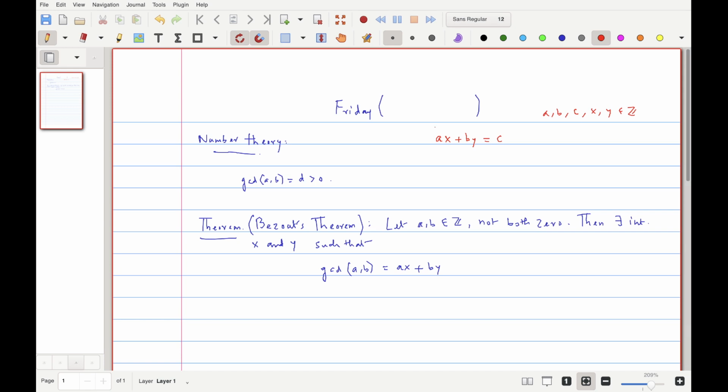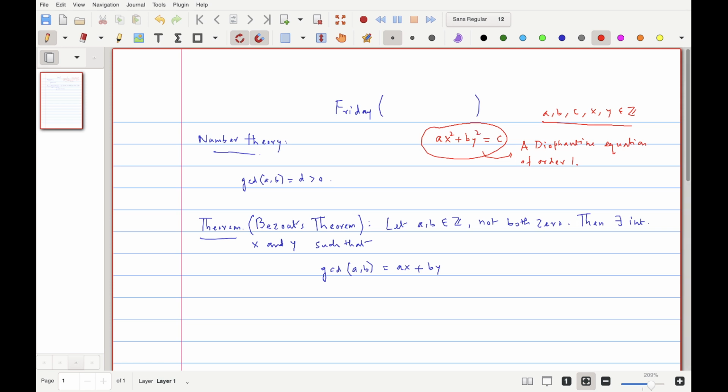So these sort of equations with these conditions are called a Diophantine equation of order 1, because it can be like ax square, bx square, something like that.